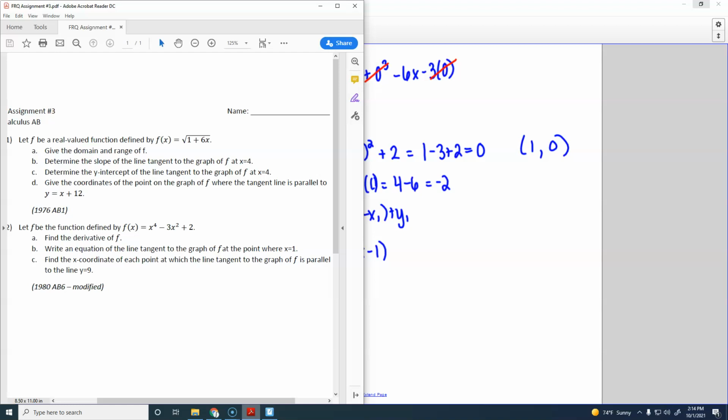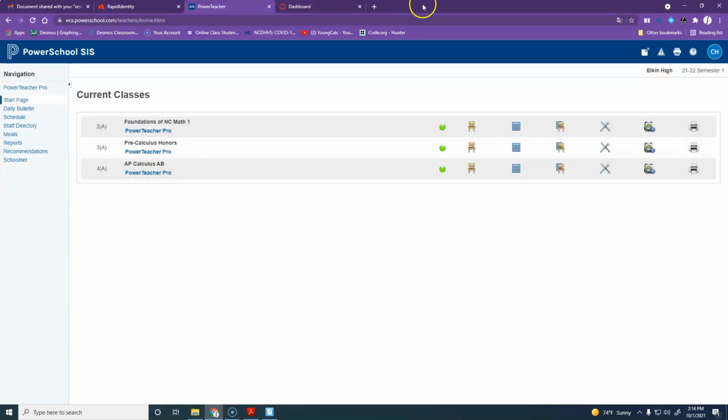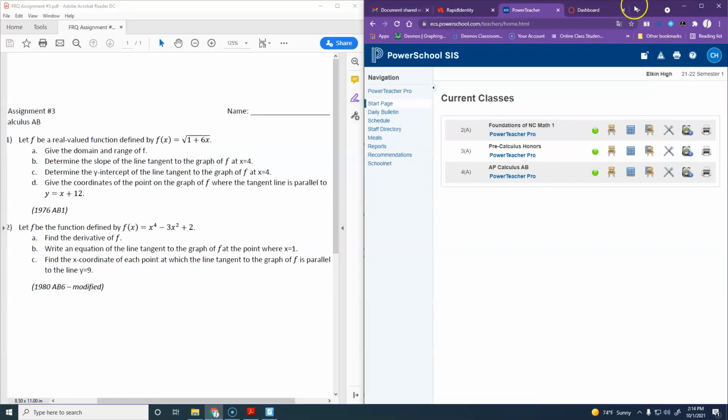So, we want to know where the tangent line, don't do anything with the 9. So, I'm going to graph it, you can't graph it on Desmos obviously here. This is very much not a calculator active problem.